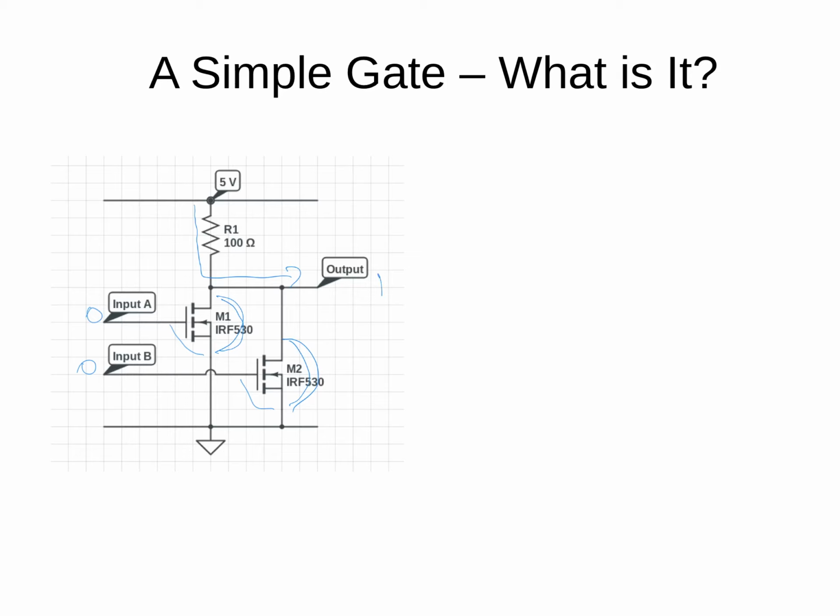So for our truth table here, I've got A, B, and out. And I've just seen that if A is 0, B is 0, the output is 1. And now we repeat. If my input A is 0 and my input B is a 1, then the first FET here is off, but for the second FET, a 1 coming in, a digital 1, means I've got 5 volts on this line coming in on the gate pin.